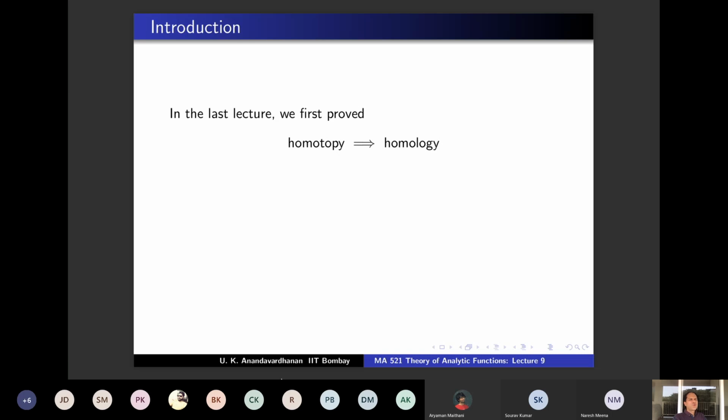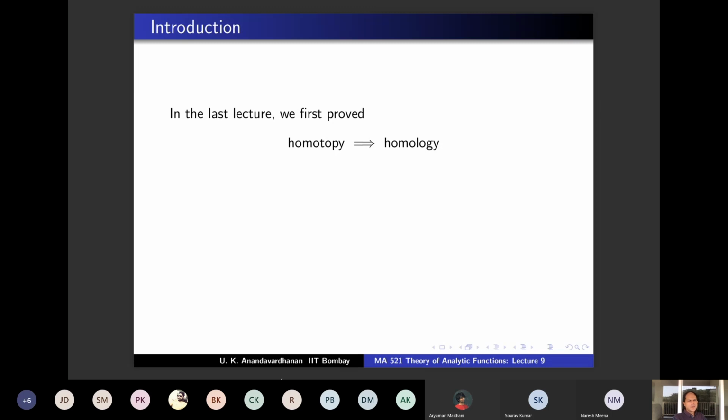So homologous means what? Two paths are homologous if for every alpha outside your region omega, the index of alpha with respect to gamma 1 equals the index of alpha with respect to gamma 2. That is homologous. And we wanted to show homotopy implies homologous.